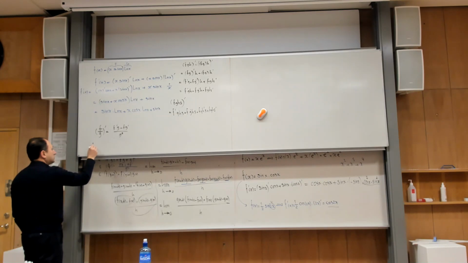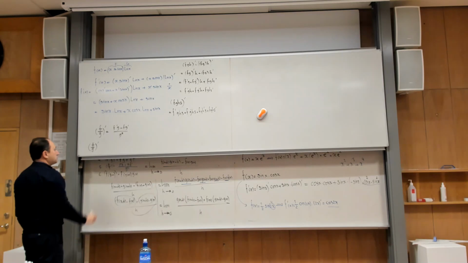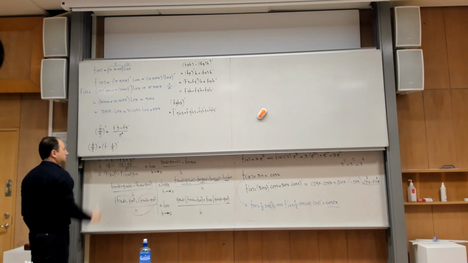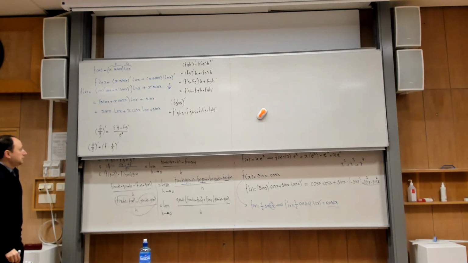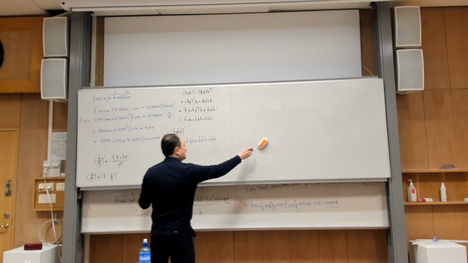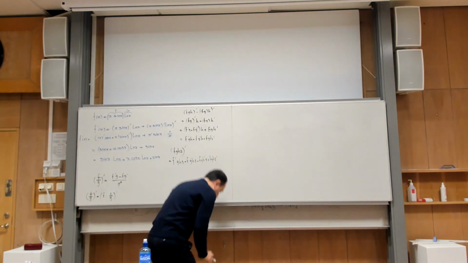So f over g prime is f times 1 over g prime. Yes? Okay, let me be more specific here. Let me write the x's here, otherwise you will have troubles.